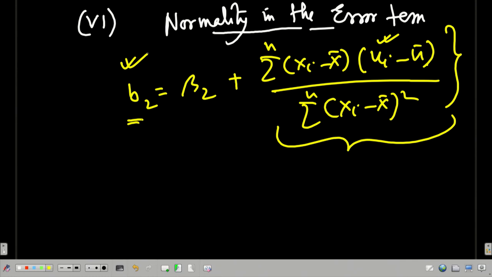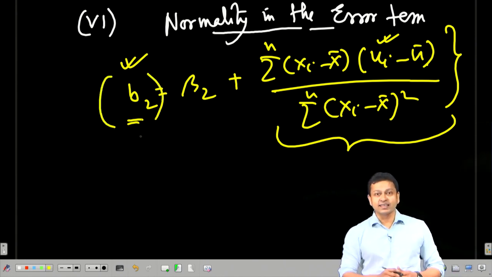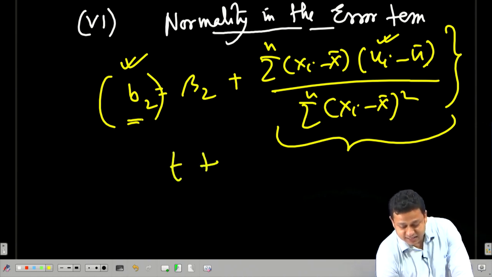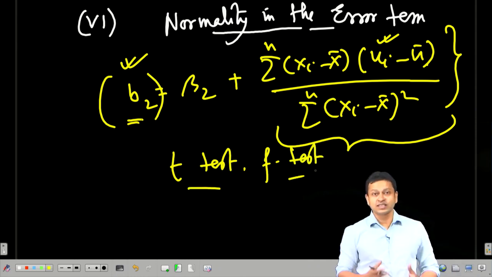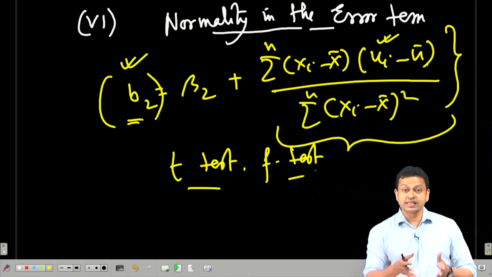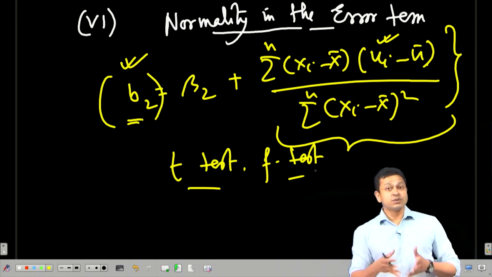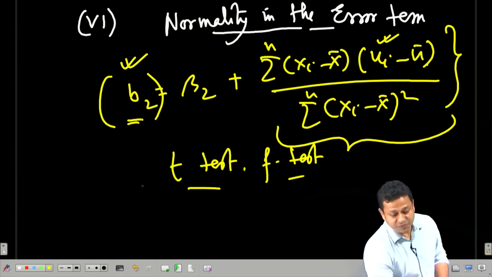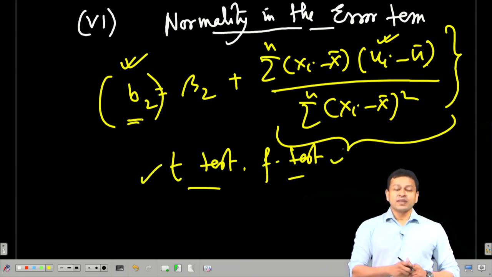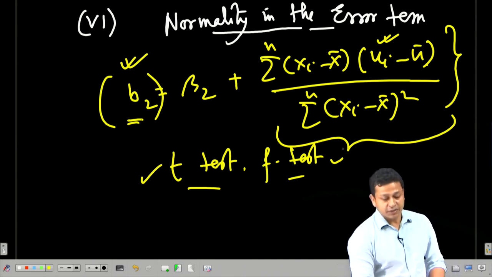That is good for us because once B2 has a normal distribution, I can apply things like t-test or f-test, which are crucial for your regression equation. You have to do the significance test and get the confidence interval, and you can get that only if you can run this t-test and f-test. That is why the normality of the error term is really functional, because you can get a distribution for your B2.